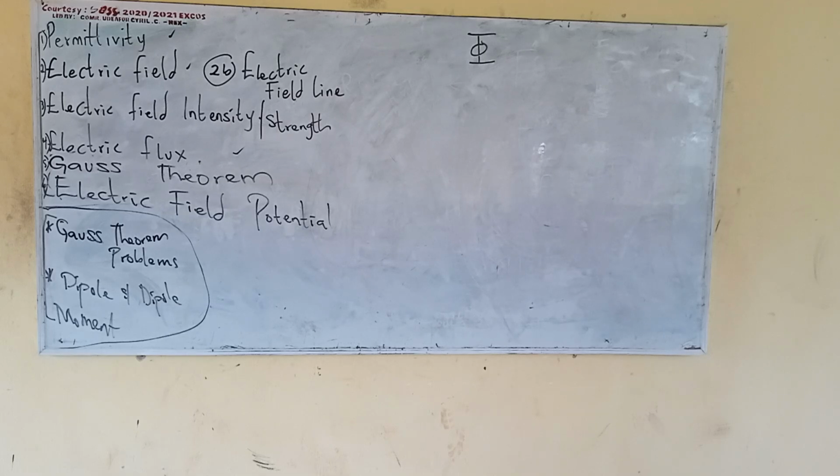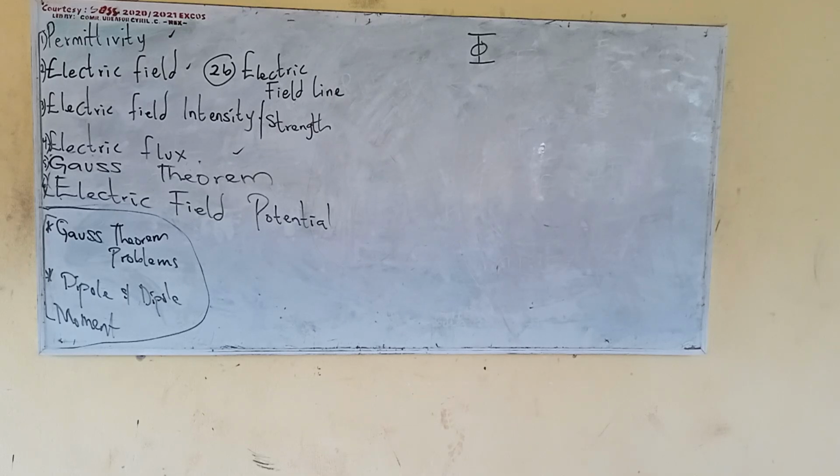So when you hear electric field flux or electric flux, it's just talking about how much electric field intensity you have. Can you hear me? When you hear electric field flux, it is simply talking about how many electric field strengths you have.